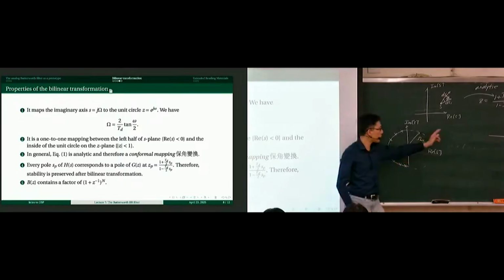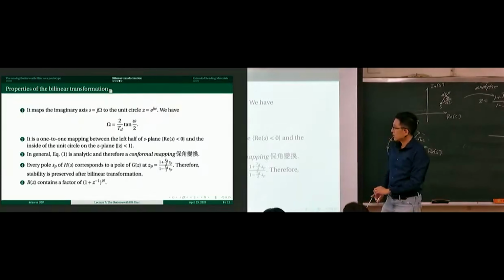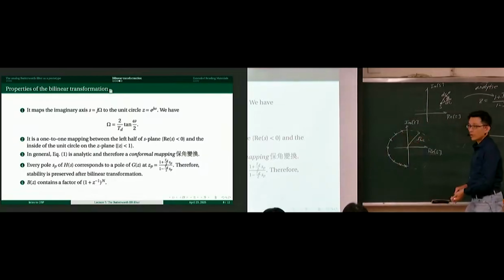But when we go to discrete time, now it's good. It's kind of comforting. 让我觉得受到安慰啊. It's really nice that all the poles here are going to map where? They're going to be mapped to the inside of the unit circle. Okay, so now from S to Z, this is Z plane.